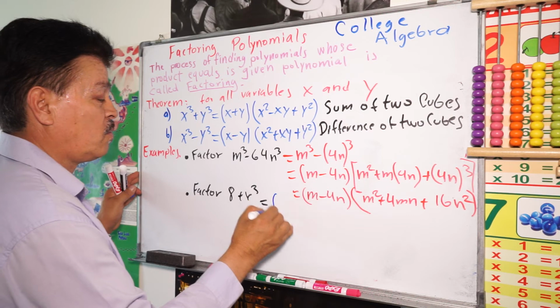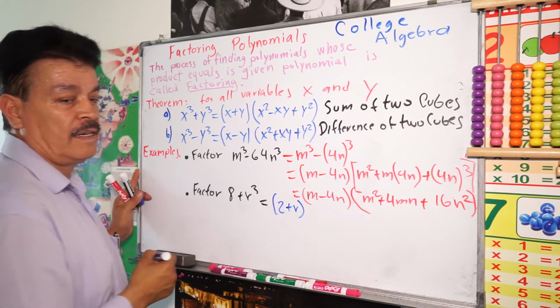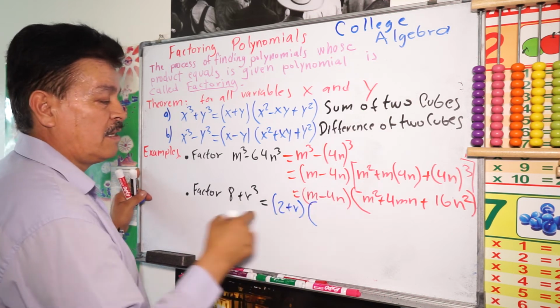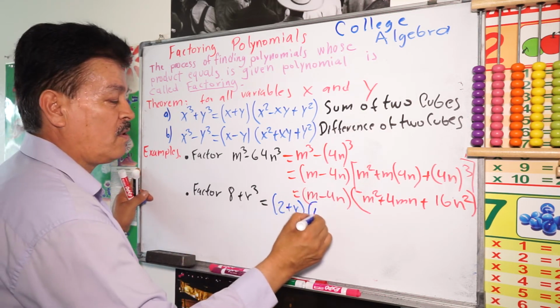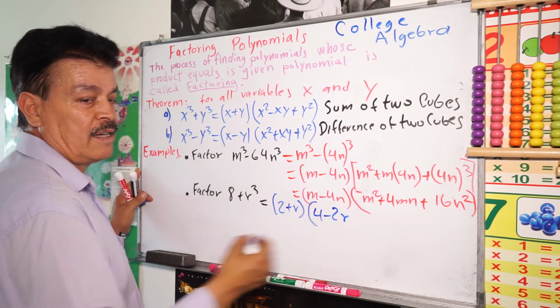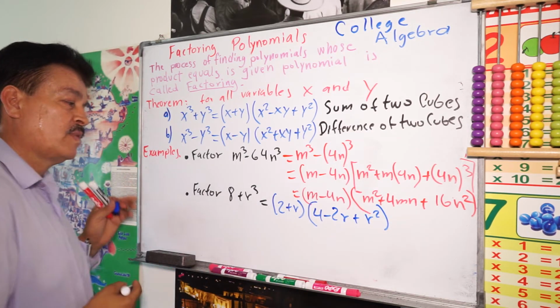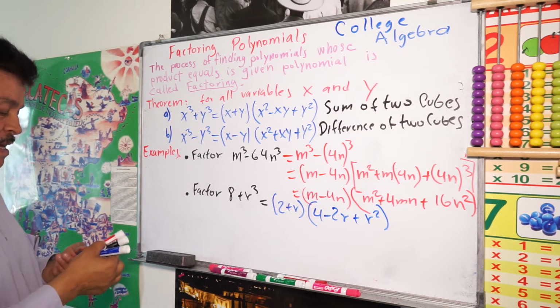No problem here. Just go straight plus r times, very easy here, just 4 minus 2r here, plus r squared. So simple, that's very simple and very easy.